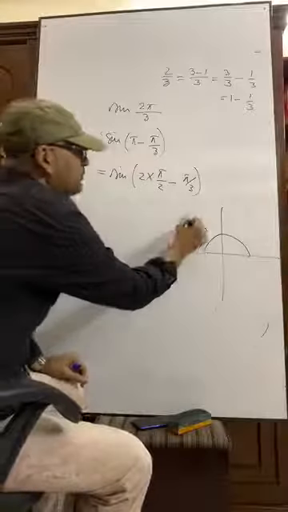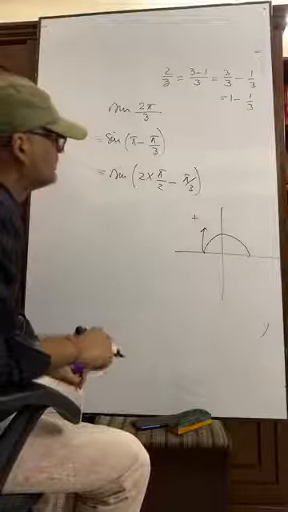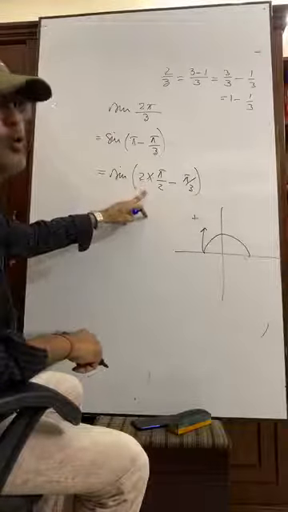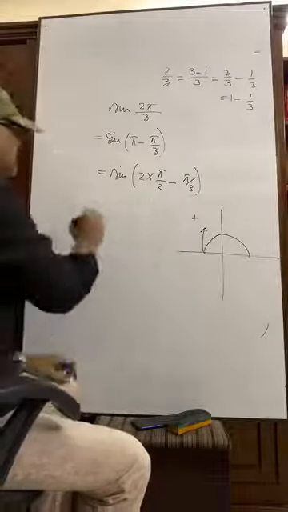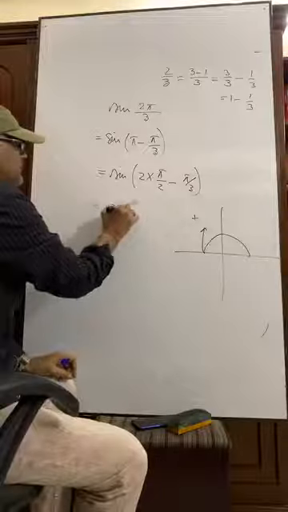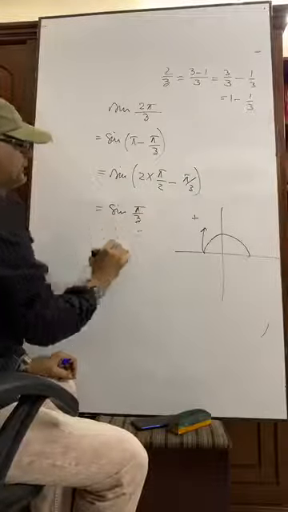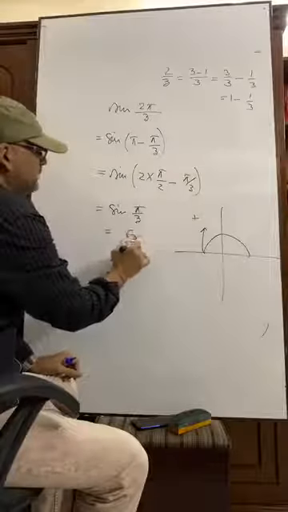Sine is positive here. Then these two, is it even or odd? It is even, so no change. So it is sine pi by 3, which means sine 60 degrees, that is root 3 by 2.